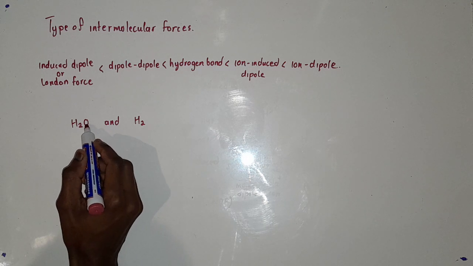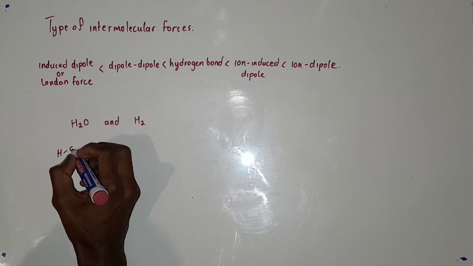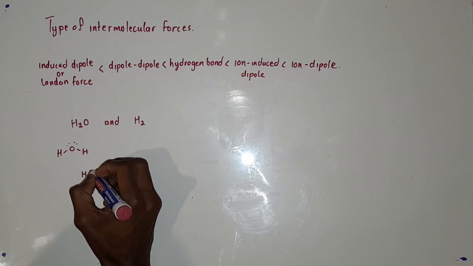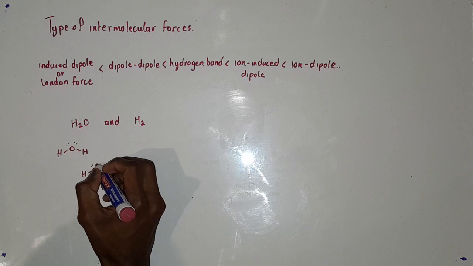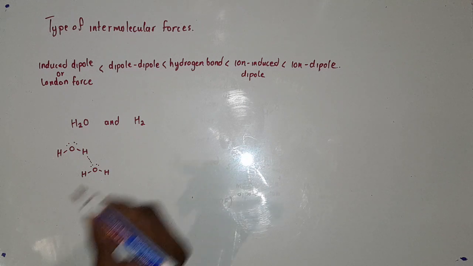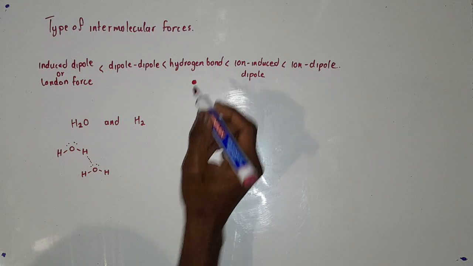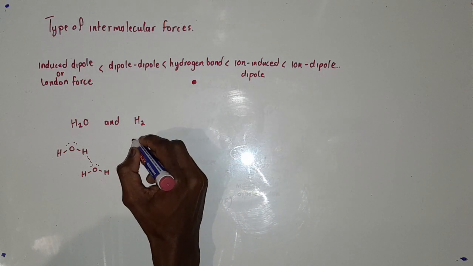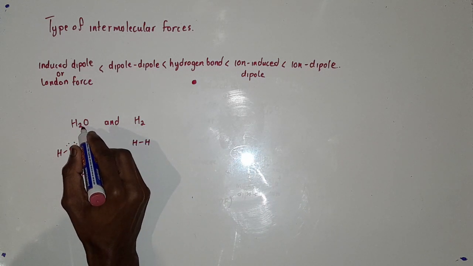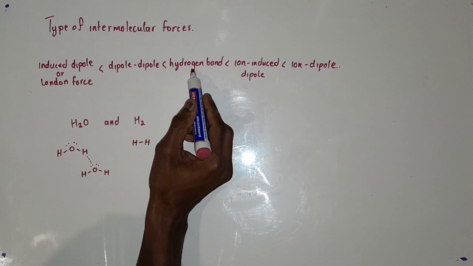Then we have H2O. If I were to take two H2O in my mind, H2O with another H2O there, I see that I'm going to get the hydrogen bond, which is somewhere here. Let me put a dot. On this one, I know that this one is non-polar, this one is polar, which means I'm going to get the hydrogen bond.